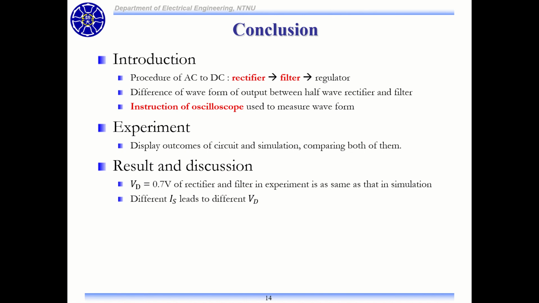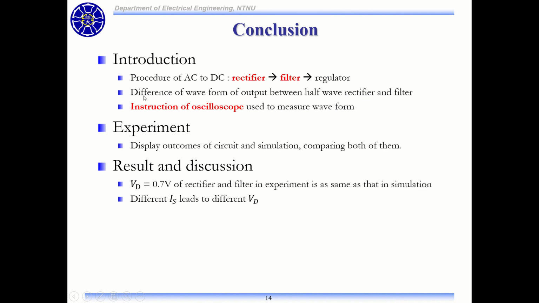And the final is the conclusion. I introduced the AC to DC from the transformer, rectifier, filter to the regulator. And today our point is focused on the rectifier and filter.